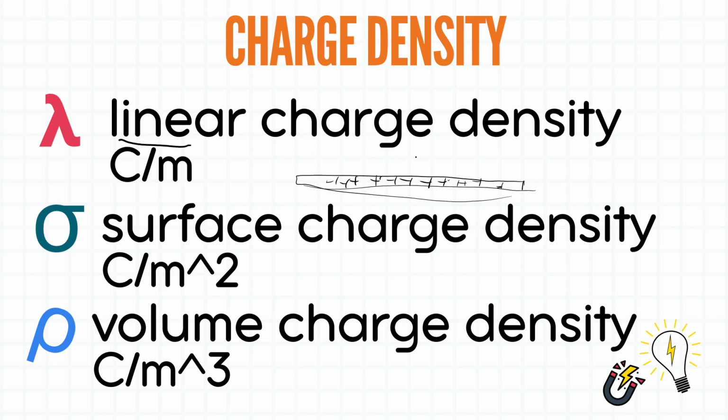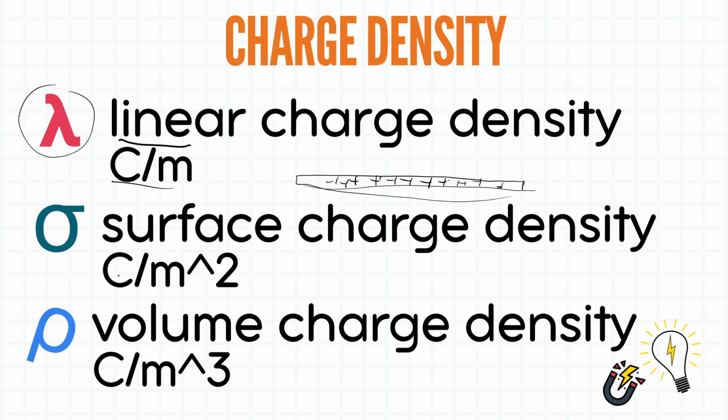So ibig sabihin, yung nilalabas nilang electric field will also be uniform. So gagamitan ko siya ng charge density dito. Okay? Yung linear charge density will tell you the charge per unit length. Okay, charge per unit length. So it's coulomb per meter.